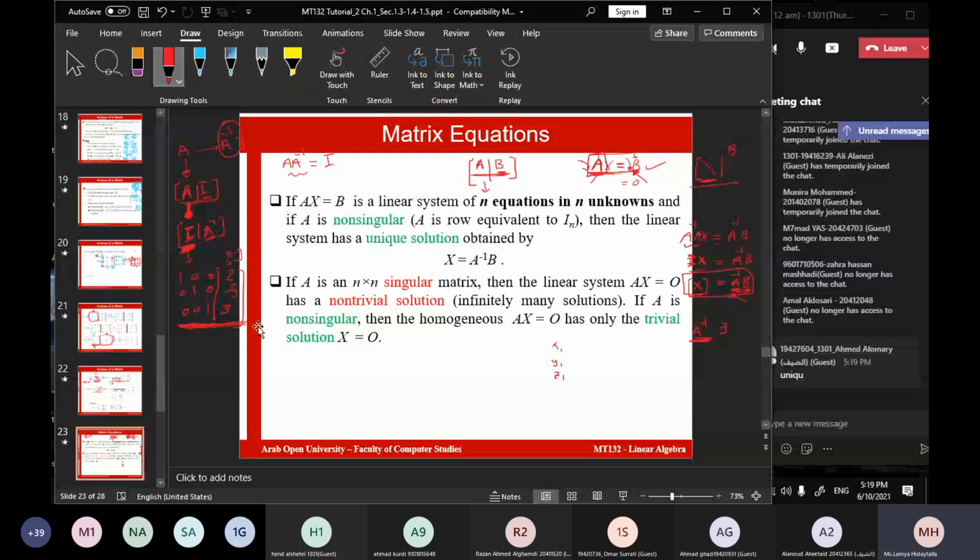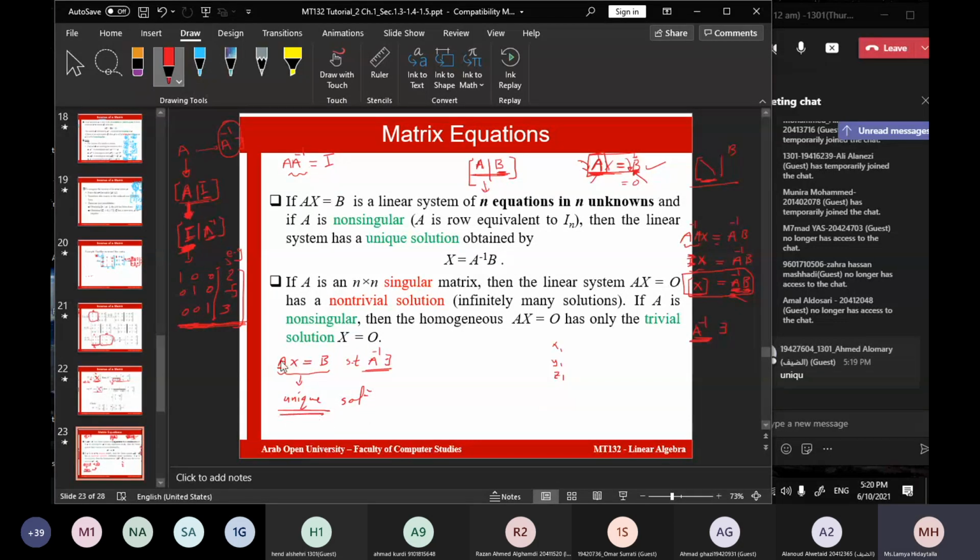So we can put it now as a rule. If I want to solve the system AX equals B, and I know that an inverse of A exists, then immediately I will know that this system has a unique solution.